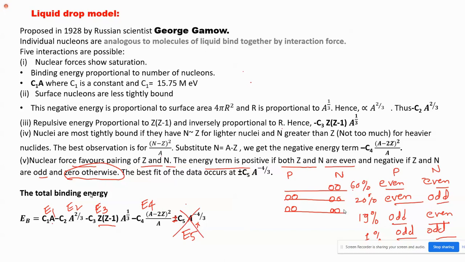Okay. So after considering all these 5 terms, your binding energy is calculated. So this liquid drop model takes into consideration all these 5 interactions and then calculates binding energy. So it is not just the formula.